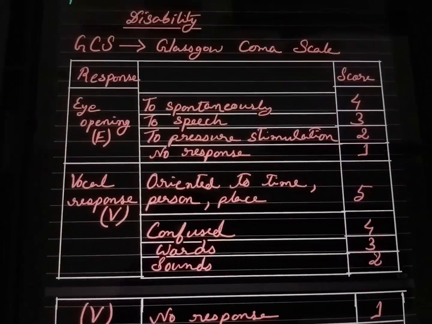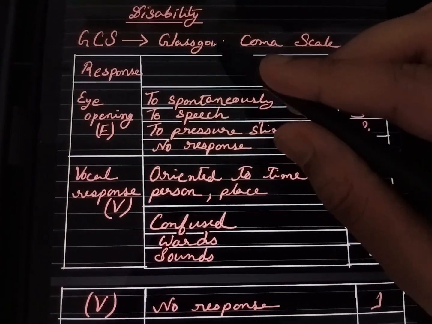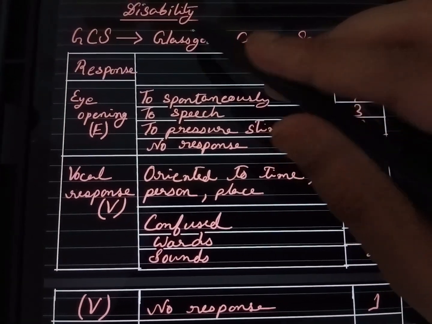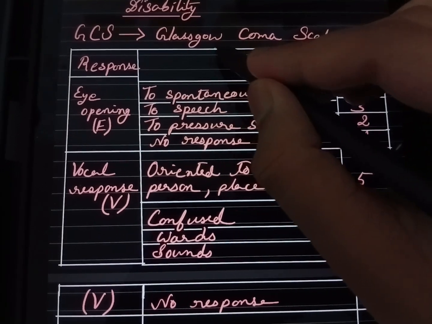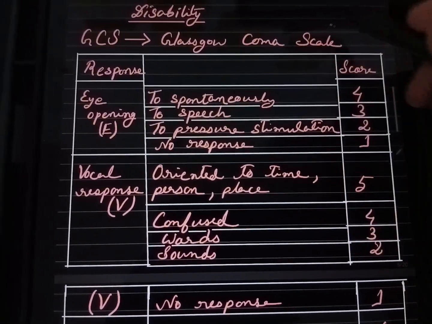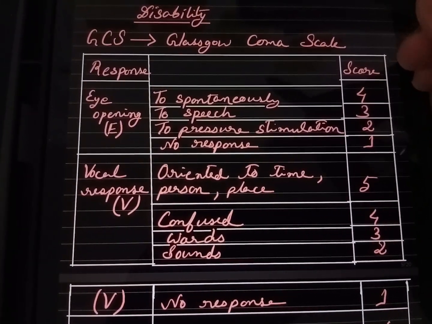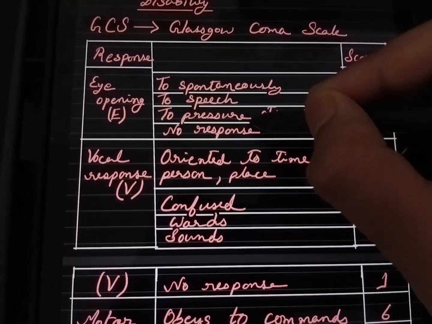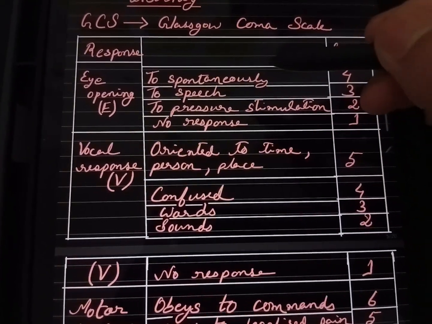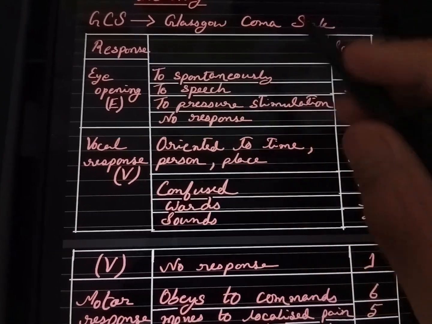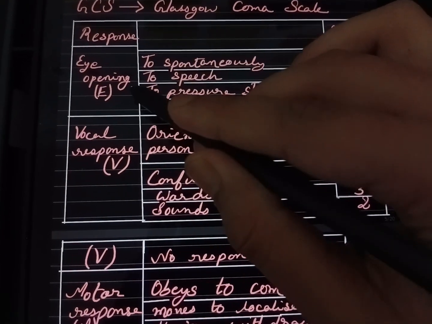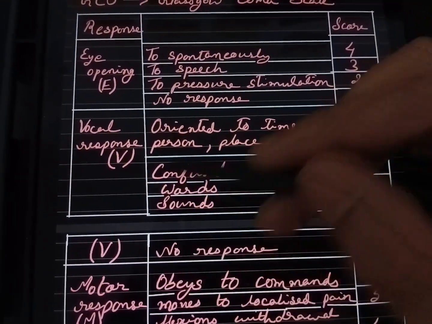So this is all about circulation management. Now come to the disability part. Disability is actually the GCS, Glasgow Coma Scale, which I mentioned already, but now we have to discuss it. There are three responses mainly in GCS: eye response, vocal response, and motor response. First is eye response.